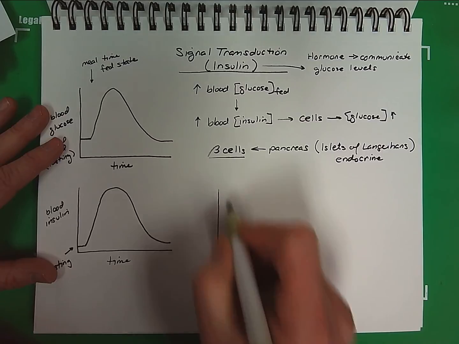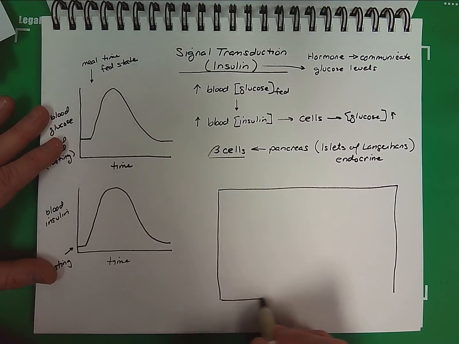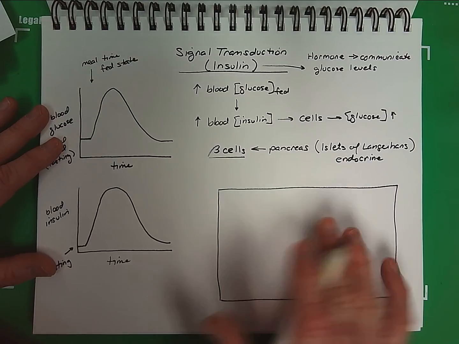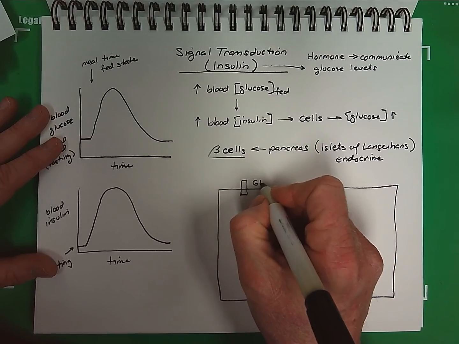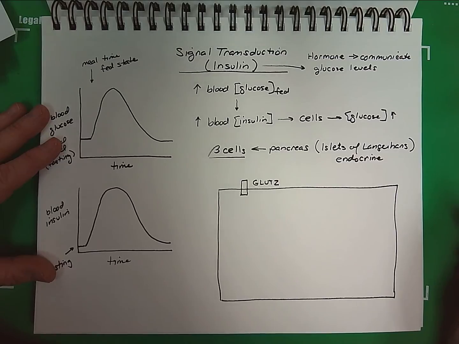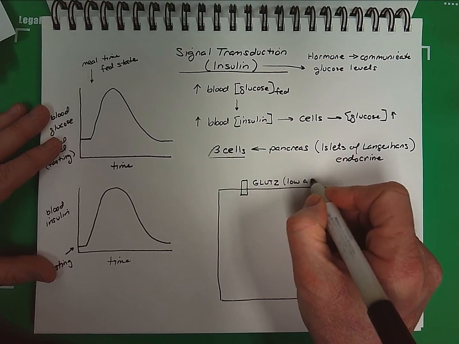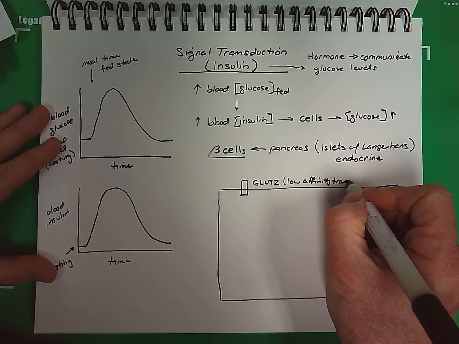So how does the beta cell do this? Well, we need to look at the metabolism of glucose. So if this is a beta cell, we have on the surface of beta cells a specific glucose transporter, GLUT2. Recall that GLUT2 is a low affinity transporter.